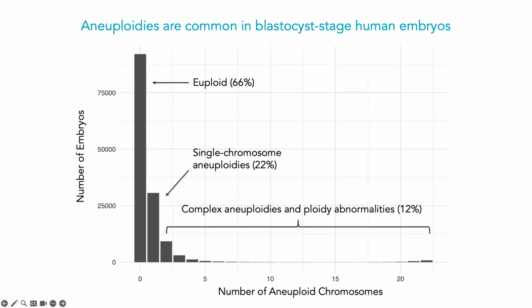But about 12% have what we call complex aneuploidies or whole genome abnormalities of ploidy, for example, triploidy or what looks like haploidy, but is probably actually genome-wide uniparental isodisomy, two identical copies of the genome. And that happens in a small fraction of cases.